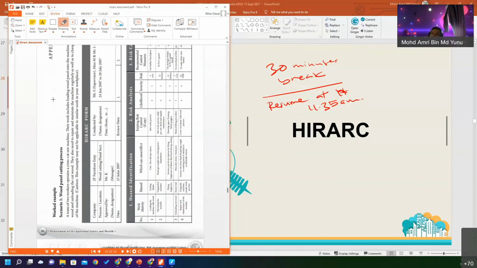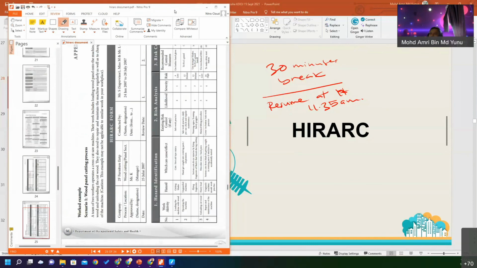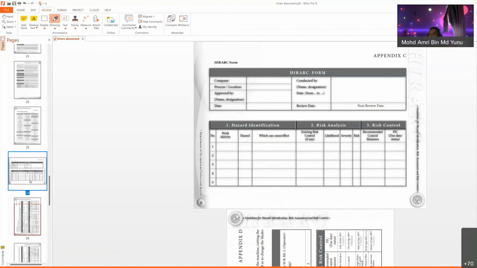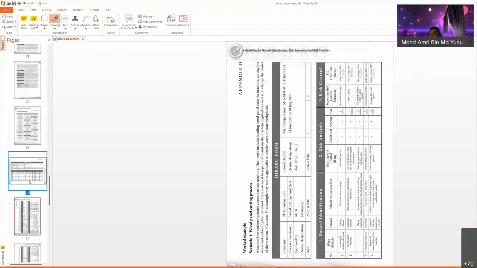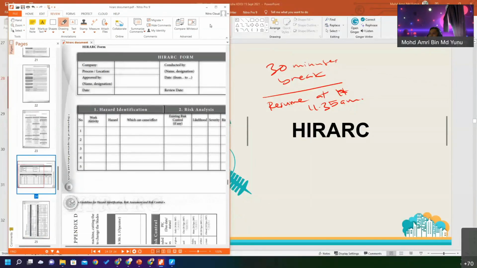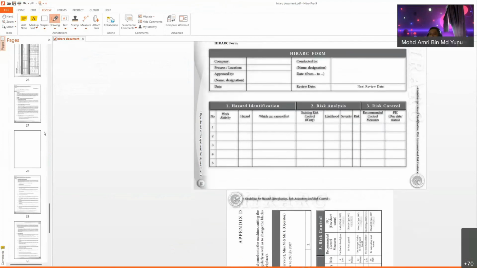So it's the guideline given by DOSH showing the hierarchy form.